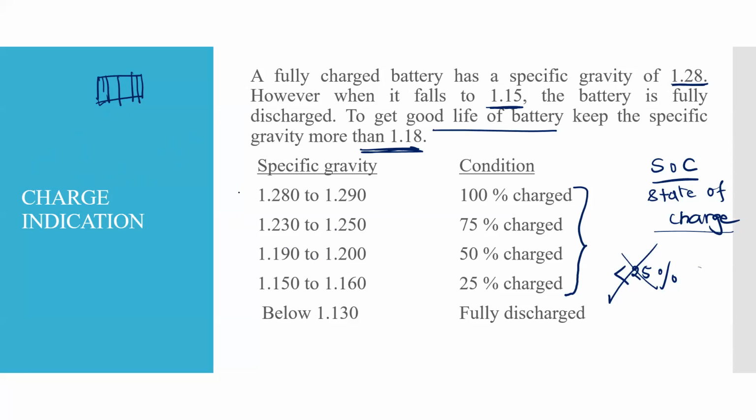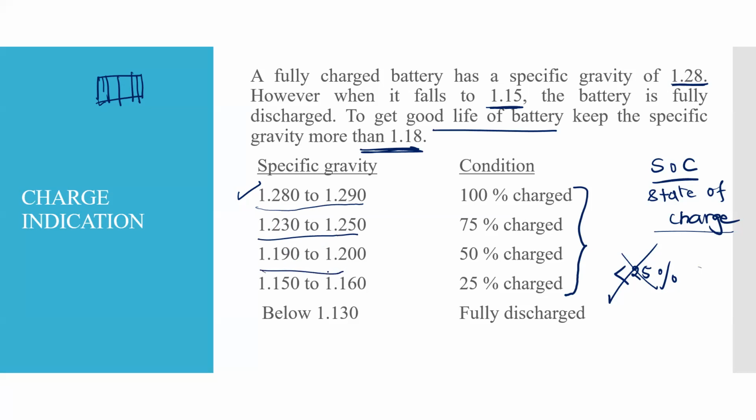The specific gravity is one of the measures of the charging level of the battery. If it is 100% charged, the specific gravity will be 1.28 to 1.29, which you can measure using a hydrometer. Here it is 1.23 to 1.25.